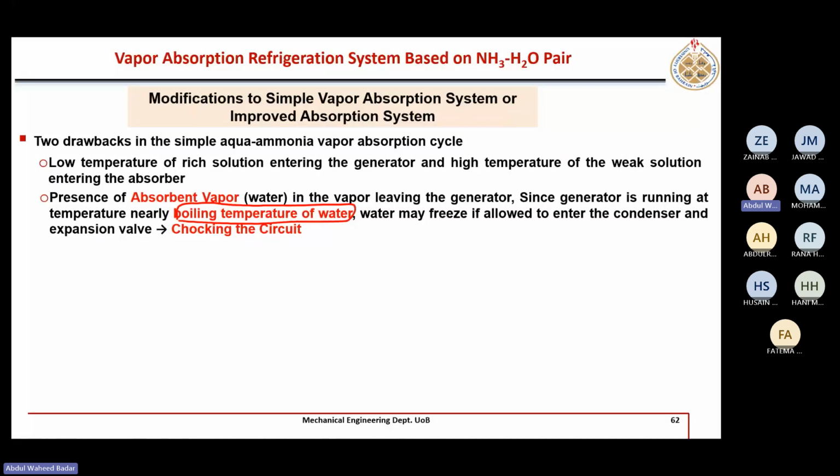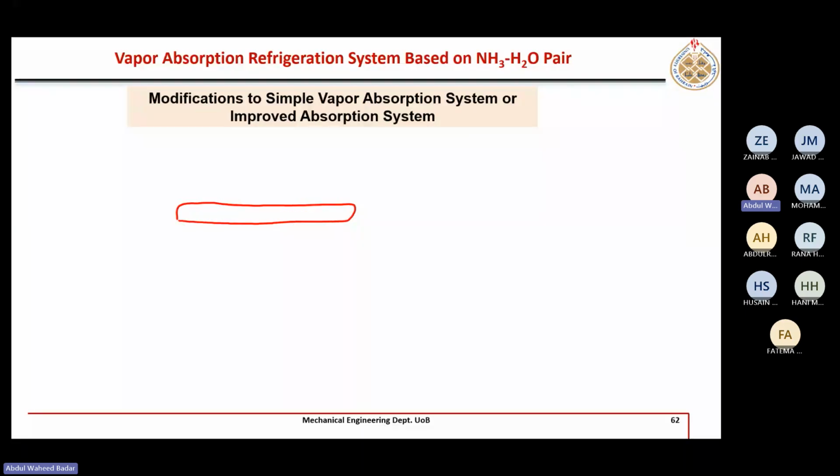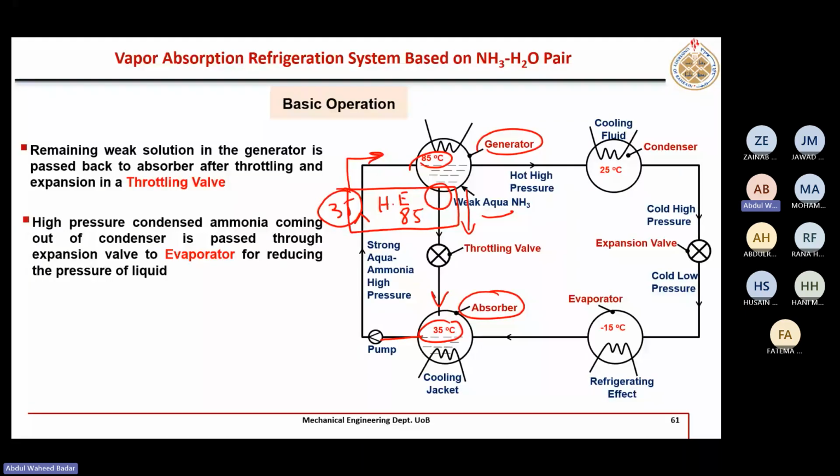And if some water is getting evaporated with ammonia, and here we are operating this evaporator at such a low, freezing temperature, whatever water comes here with the ammonia will freeze once it reaches this low temperature region. So it will choke the whole circuit.